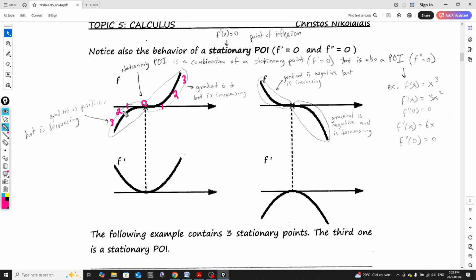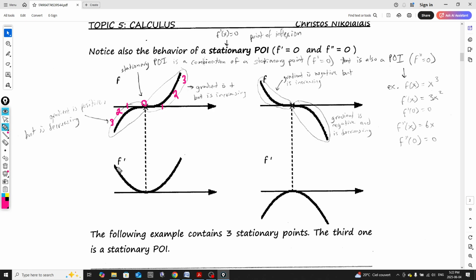When you take those slopes and put them down as y values on the graph of f prime, well, 3, 2, 1, 0, 1, 2, 3. So a stationary point of inflection becomes a minimum on f prime, and also on the graph of f double prime.